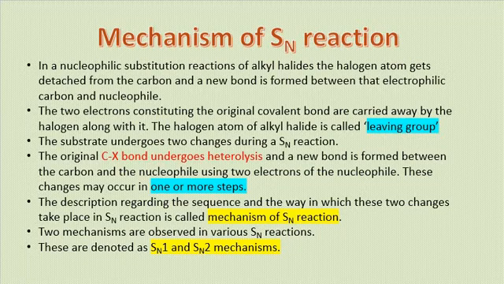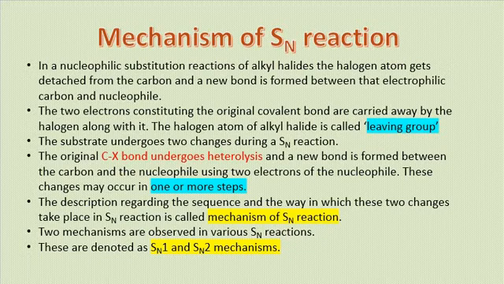So the covalently bonded halogen atom is converted into halide ion, or X minus ion, which means the two electrons which used to form a bond between carbon and halogen will be taken up by the halogen atom and carried away.